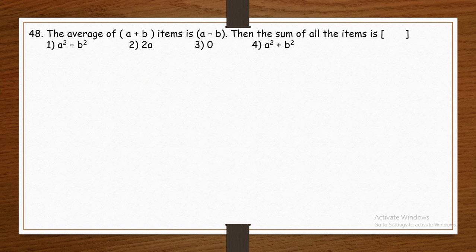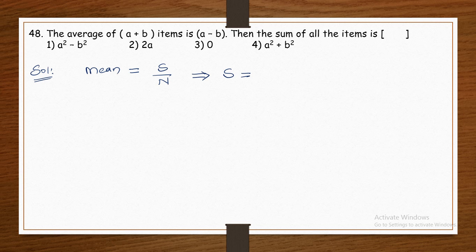The average of A plus B items is A minus B. Average of A plus B items is A minus B. Then the sum of the items. So already we know average, which is nothing but mean, is equal to sum of observations by number of observations. So from this I need sum of observations, right?